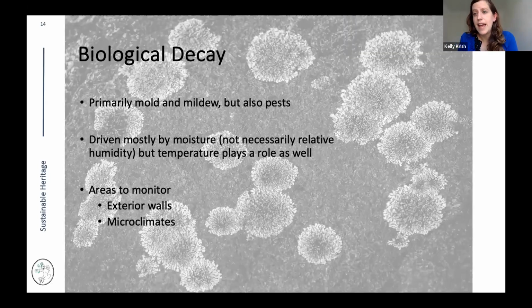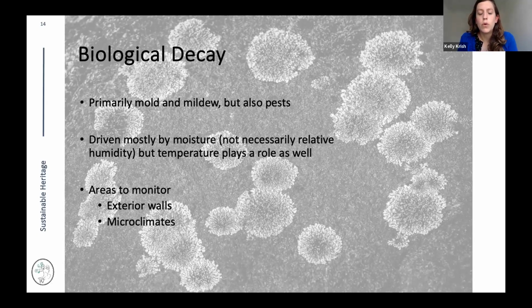There's biological decay. Often we primarily think of mold. It's something we're trying to avoid in our spaces, or it's related to mildew. But there's also pests, and these both are primarily driven by moisture, but temperature can play a role. And particularly when we're talking about mold, some of the main places to look for this can be exterior walls, particularly if they're not insulated.